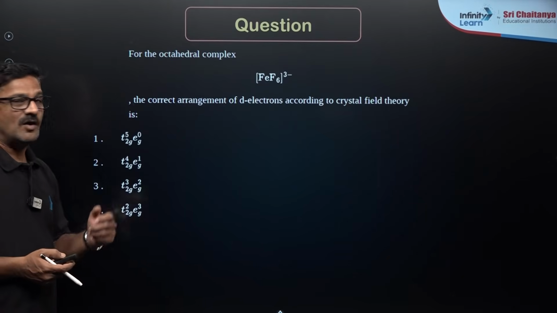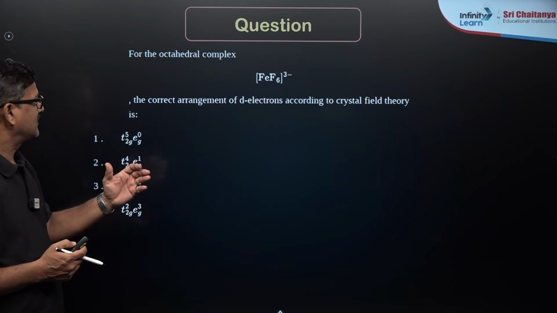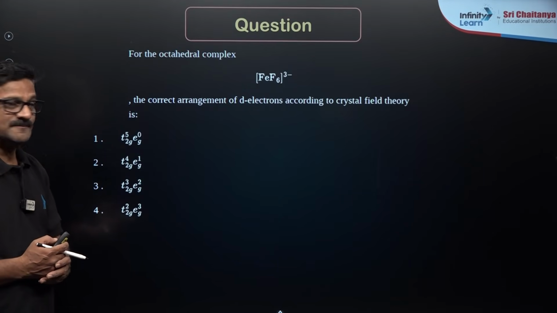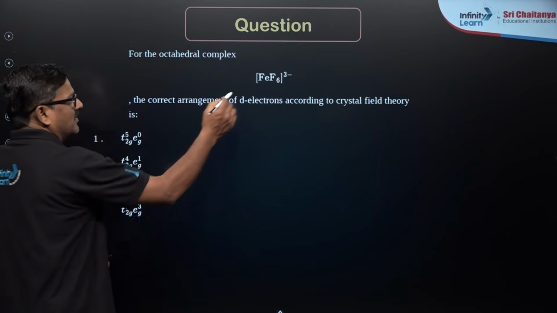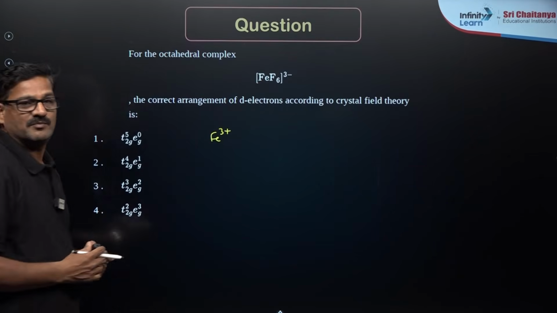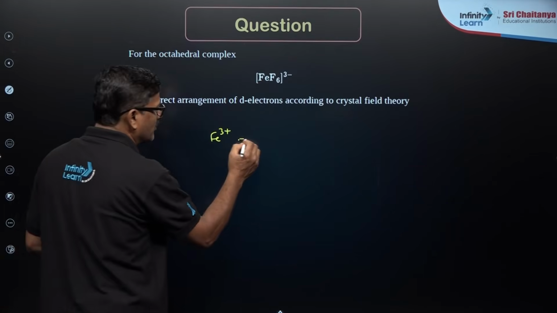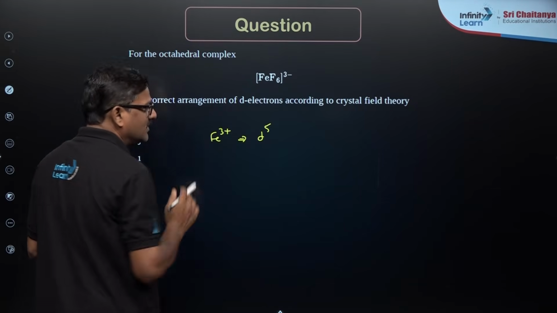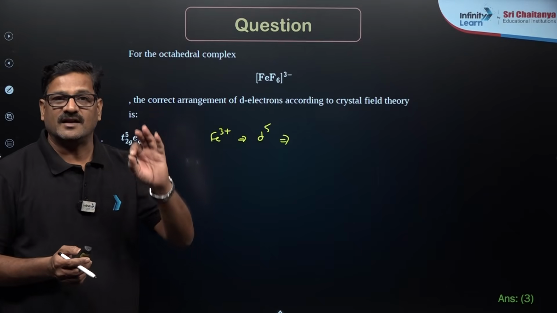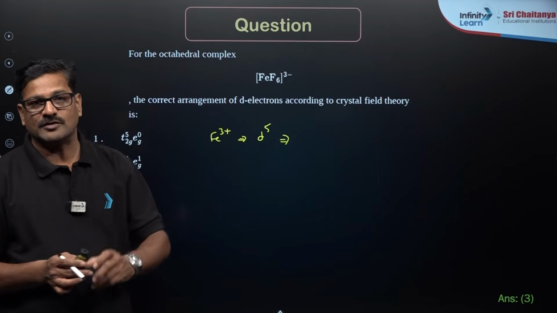And the octahedral complex FeF6, the correct arrangement for the d electrons according to the crystal field splitting energy. So you are going to have FeF6 3 minus, you are going to have Fe3+ ion. It is going to have d5 configuration. In this d5 configuration, because it is a weak field ligand, the electrons are filled according to the Hund's rule.